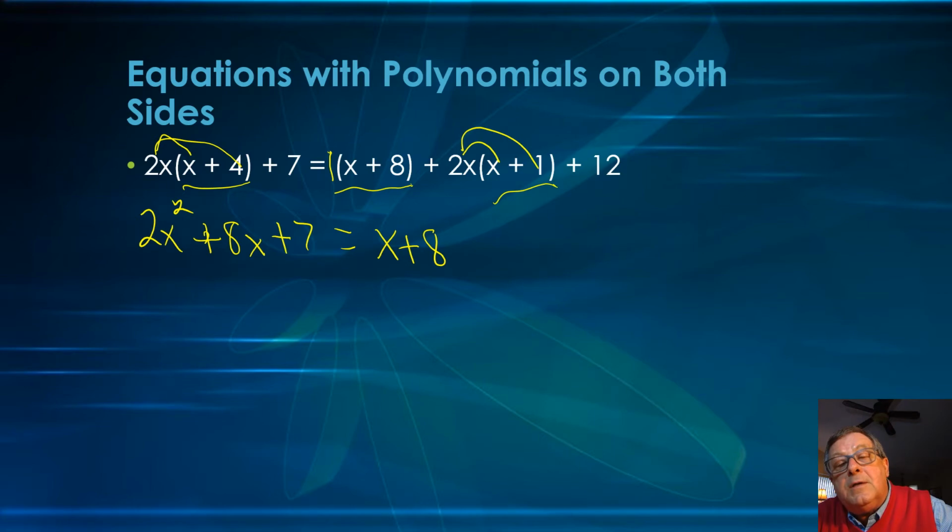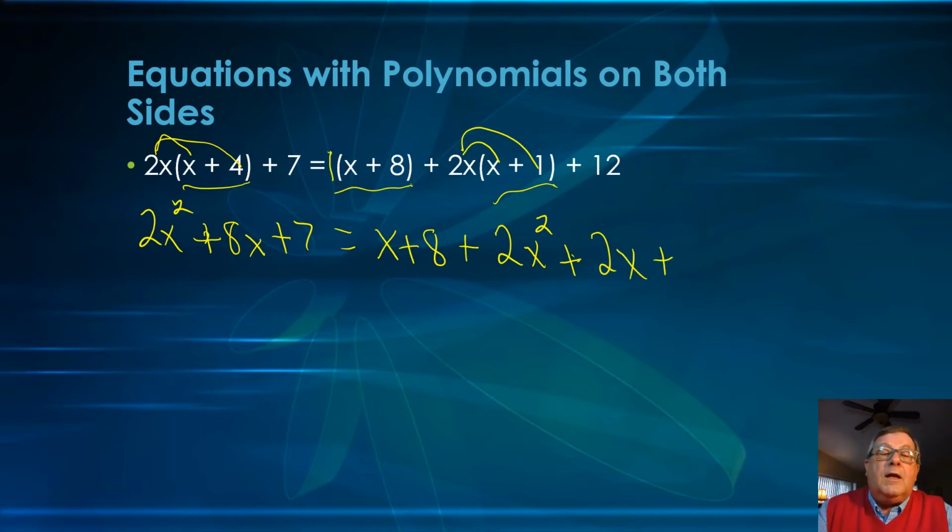So 2x times x again is 2x squared, and 2x times 1 is just going to be 2x. And then again, we got a plus 12.